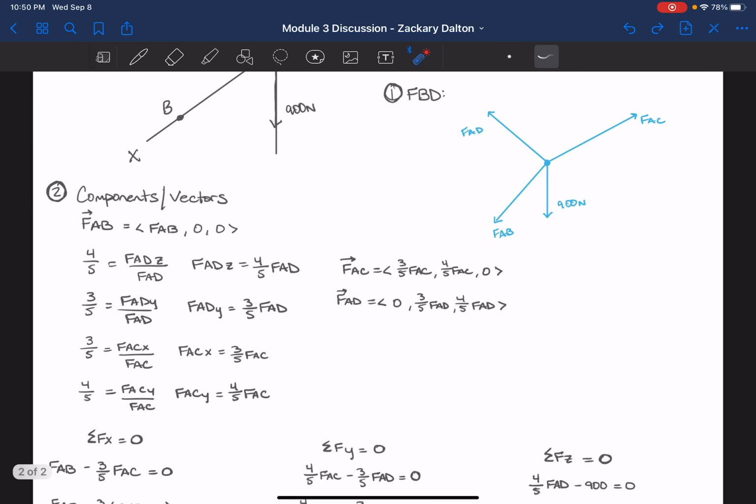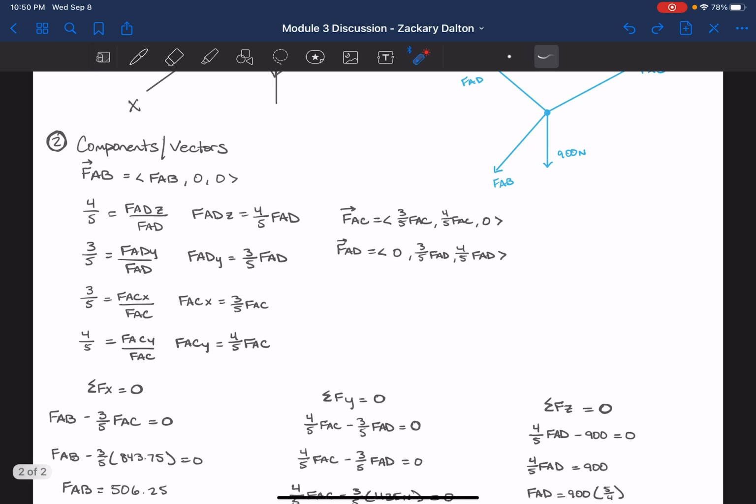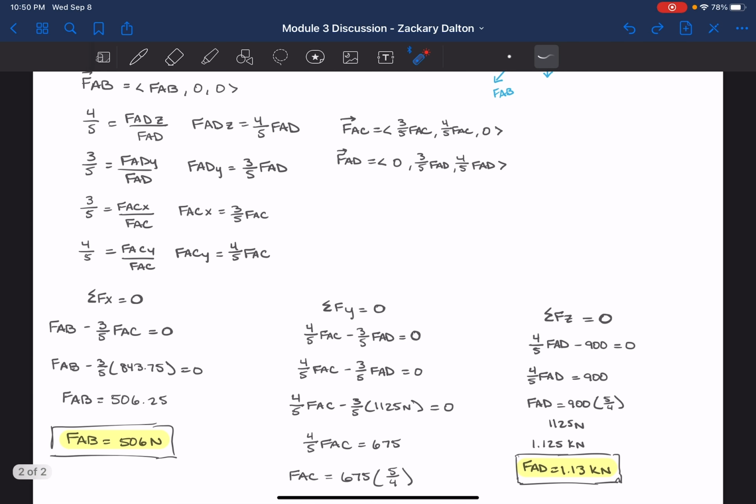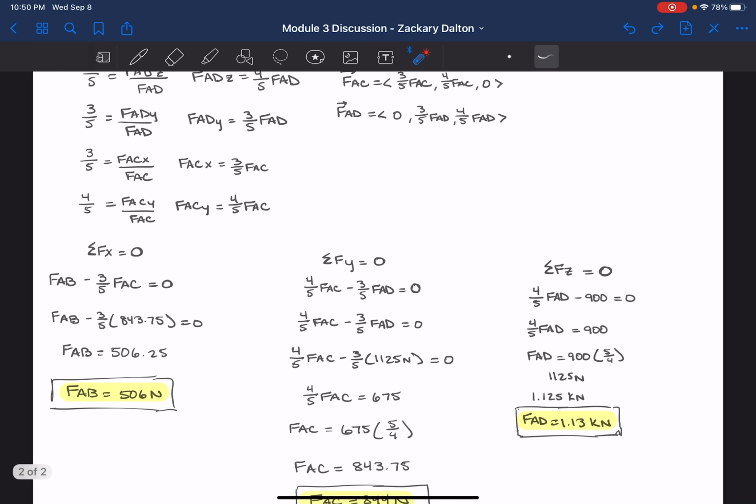So it's moving away from it. So you will then plug in your FAC value, which is going to be this one right here. You plug it in, and you should get a value of 506.25, and rounding this to 3 sig figs, it's just going to be 506 newtons.